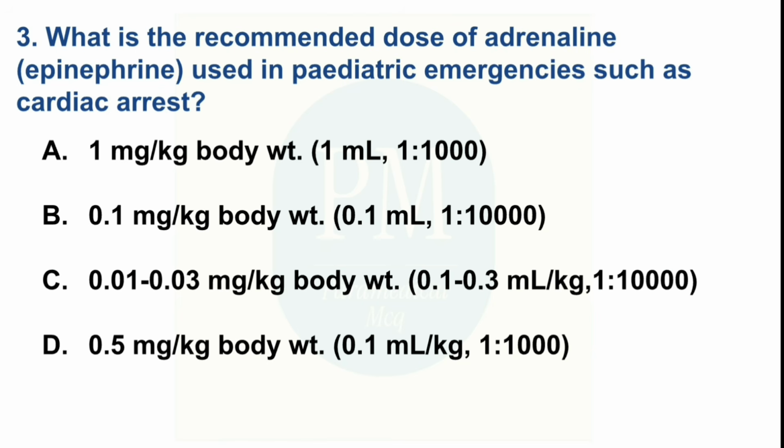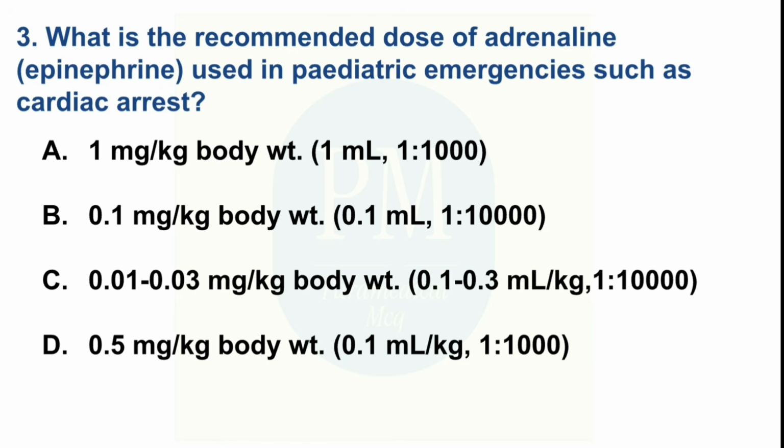What is the recommended dose of adrenaline epinephrine used in pediatric emergencies such as cardiac arrest? Option A, 1 mg per kg body weight, 1 ml, 1:1000. Option B, 0.1 mg per kg body weight, 0.1 ml, 1:10,000.